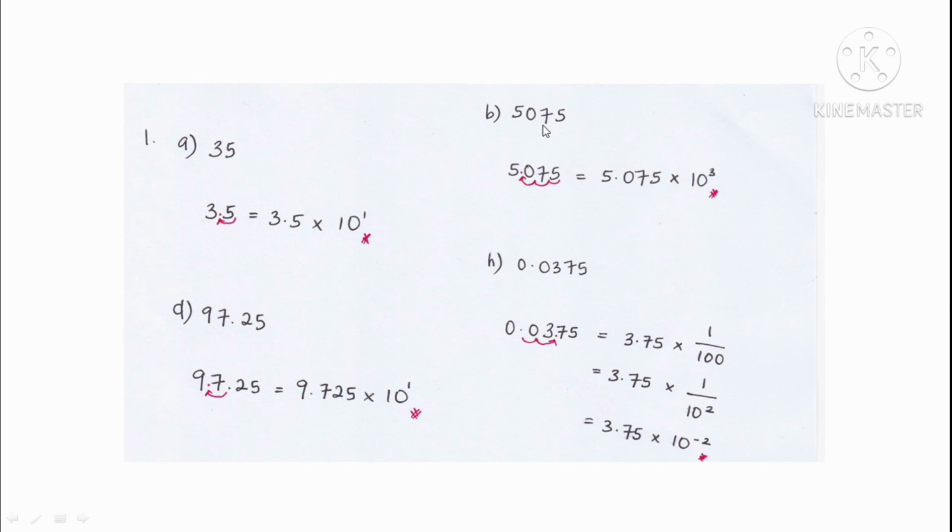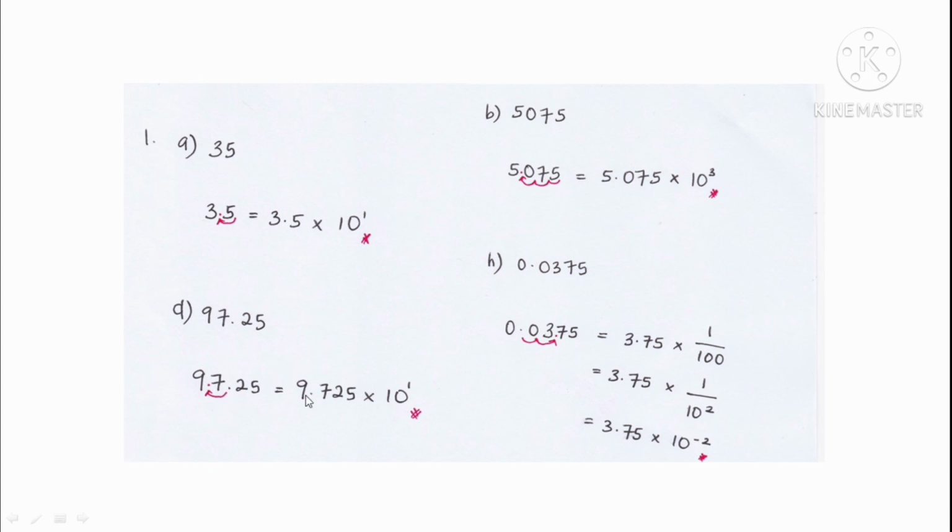So for B, 5075 will equal 5.075 times 10 to the power of 3. So for D, 97.25, where the dot or the point must be after 9, right? So we will draw the boundary arrow, one boundary arrow here.